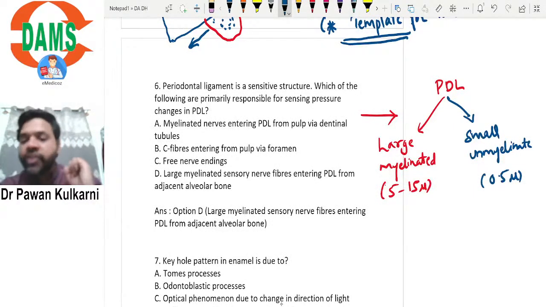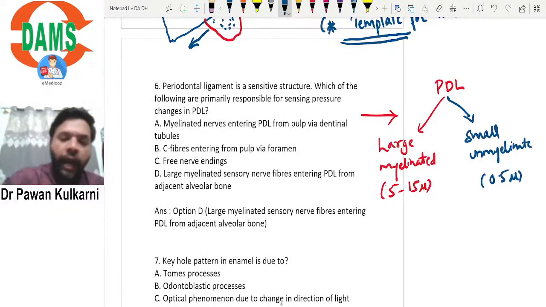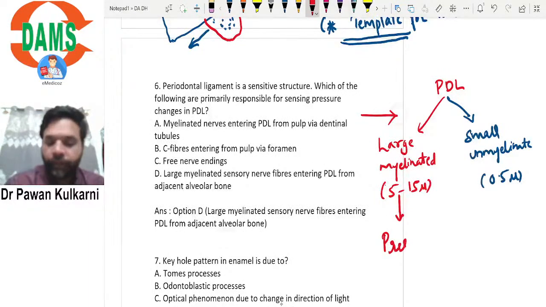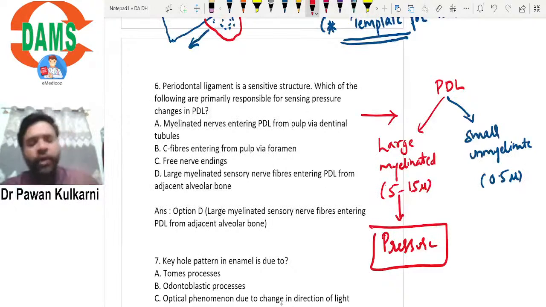So these large myelinated nerve fibers are mainly responsible for sensing pressure. Pressure sensation is mainly because of these large myelinated sensory nerve fibers, which arise from the alveolar bone.